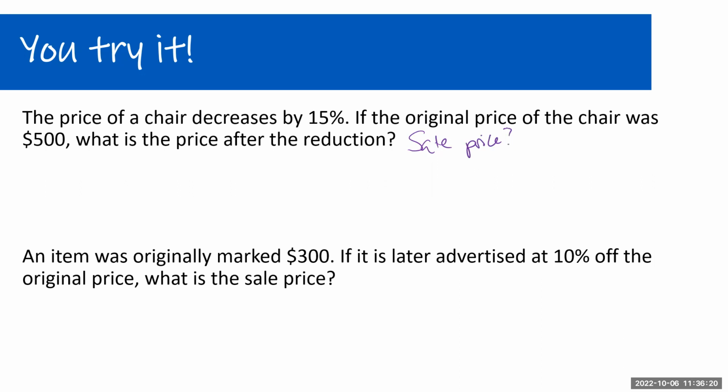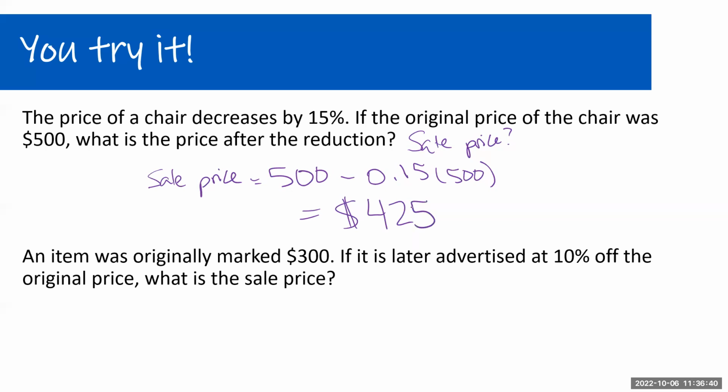Okay, so we know that the sale price is going to be the original, $500, minus 15% of the original, which if we do that in our calculator, we see that it's going to be $425. So today you can go buy that chair for $425 instead of the original of 500, excuse me. It's 15% off.